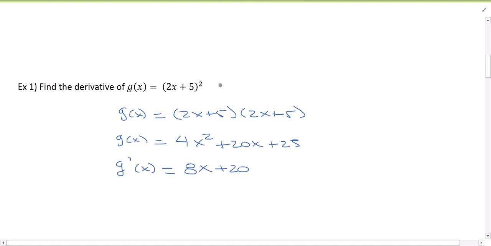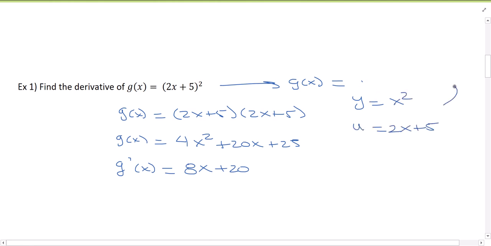But notice that this is a composition of functions because I can say that g of x is really a composition of two functions. So say y equals x squared and u equals 2x plus 5.